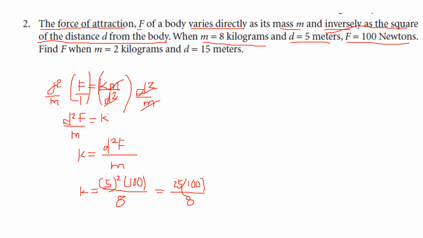Multiplying, we have 2,500 over 8. Is that right? 25 times 100 is 2,500. Divided by 8, that gives us 312.5. We can use the decimal because it is exact, 312.5.